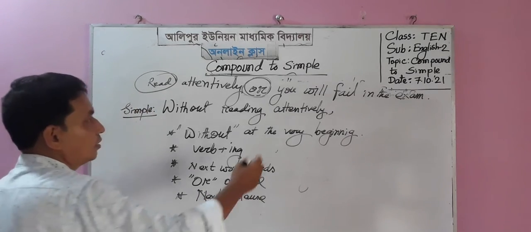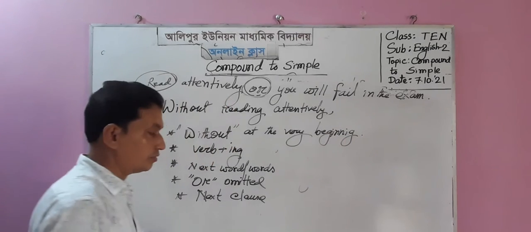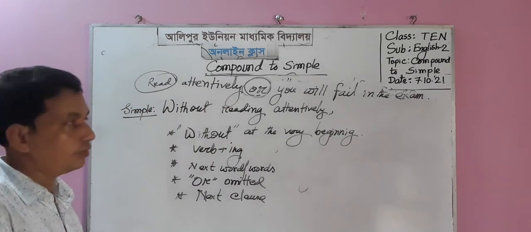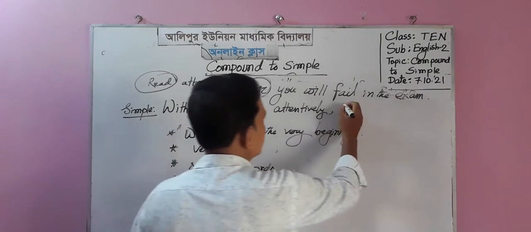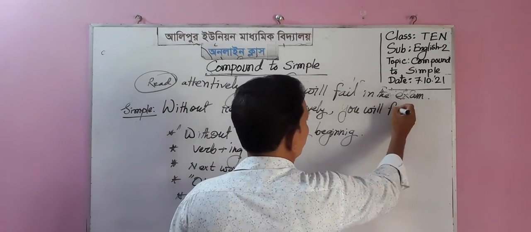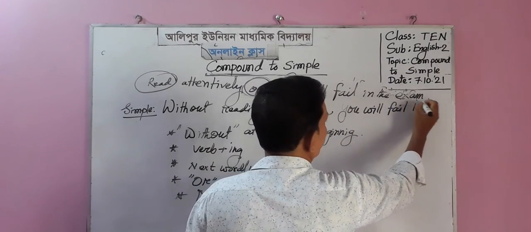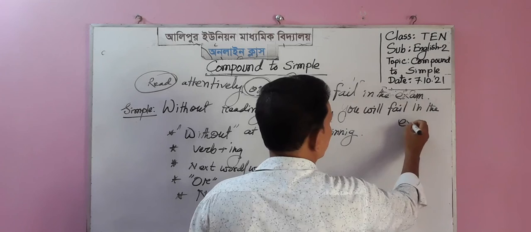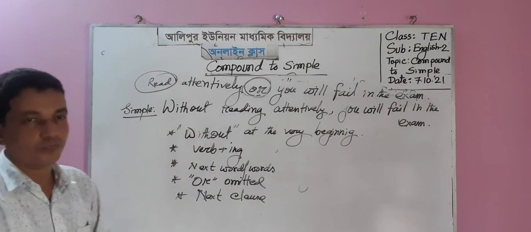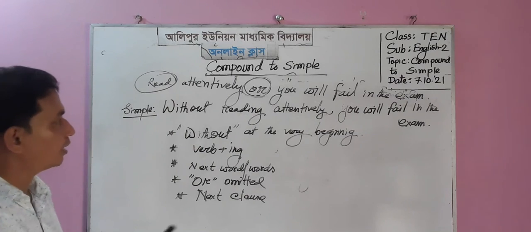The next clause is: you will fail in the exam. This is the next clause, so it will not be changed; it will be unchanged. So on the right, you will fail in the exam. Then students, you have to follow again on the blackboard.